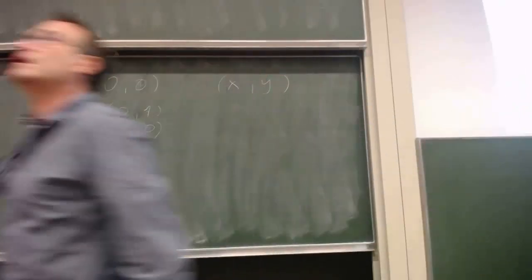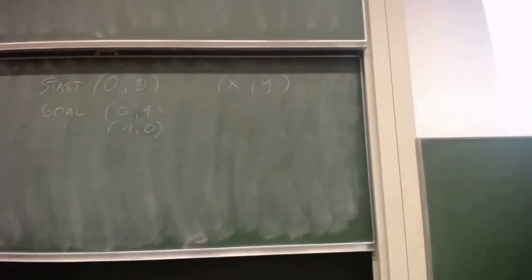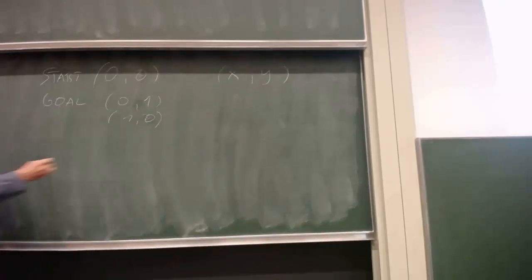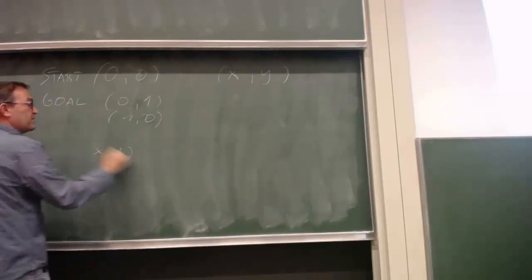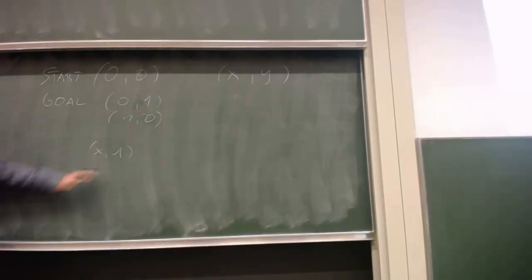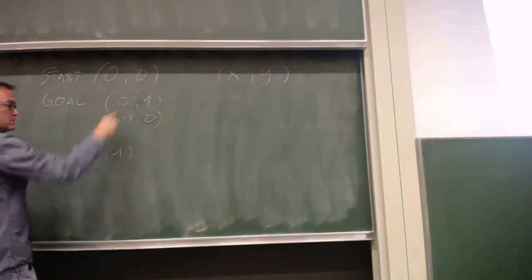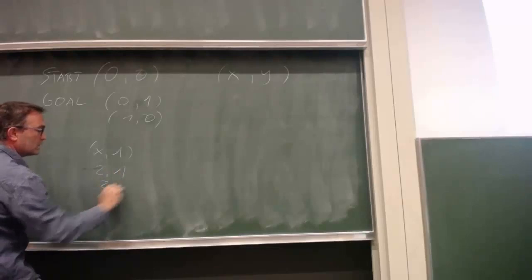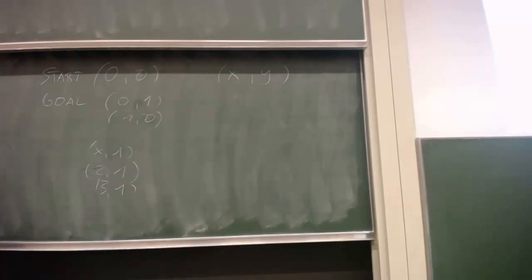Yeah? That's it. Yes, you can say that. So that would be an abbreviation, I would say, for 0, 1, 2, 1, 3, 1, and so forth. Because all of them are also goal states.